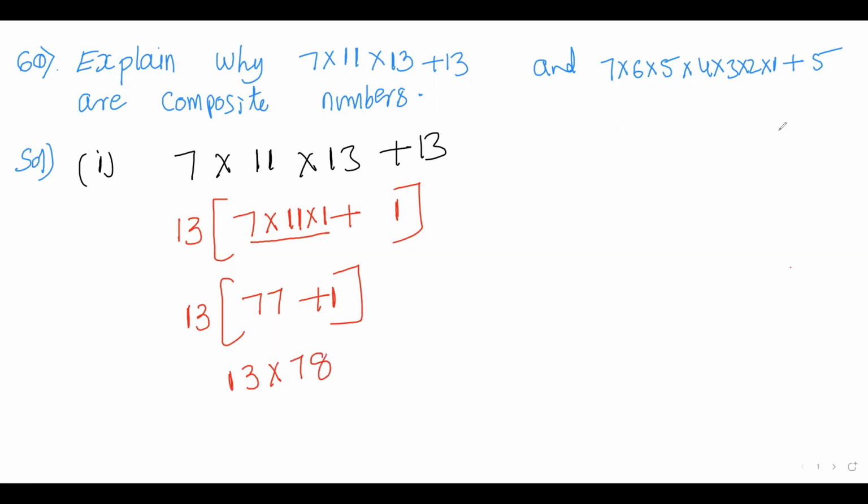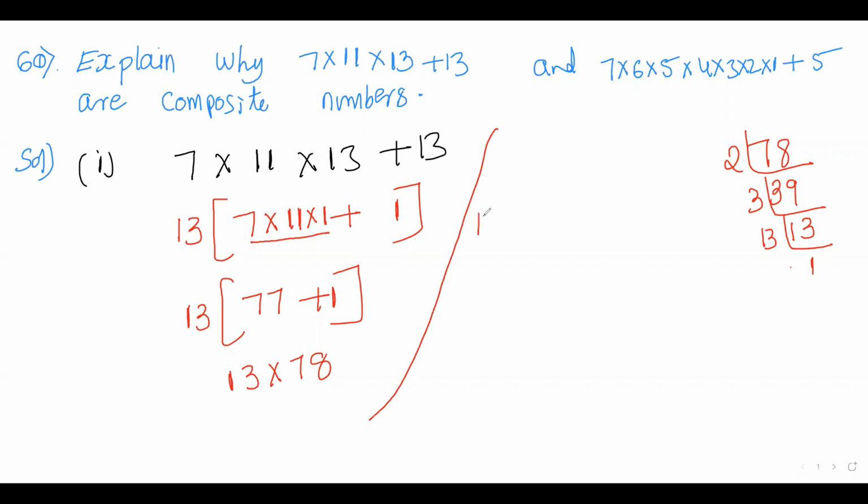78. Now in the rough column, I would like to take the factors of 78. 2 39s are 78, 3 13s are 39, and 13 ones are 13. So now 78 is written as 2 into 3 into 13.